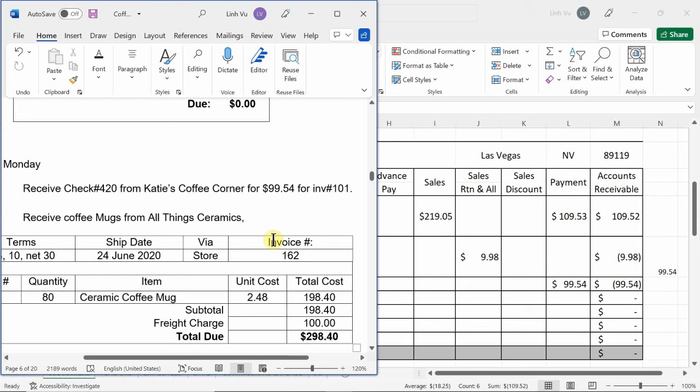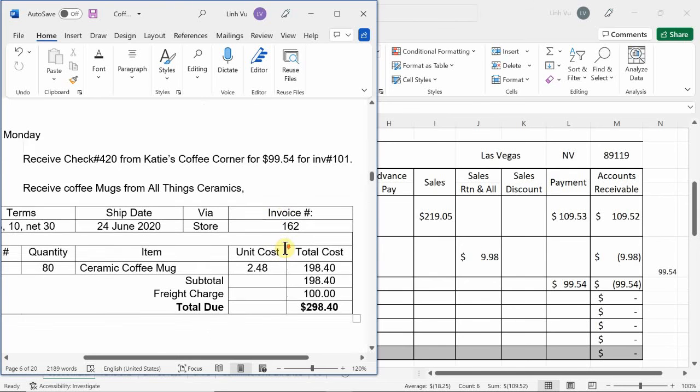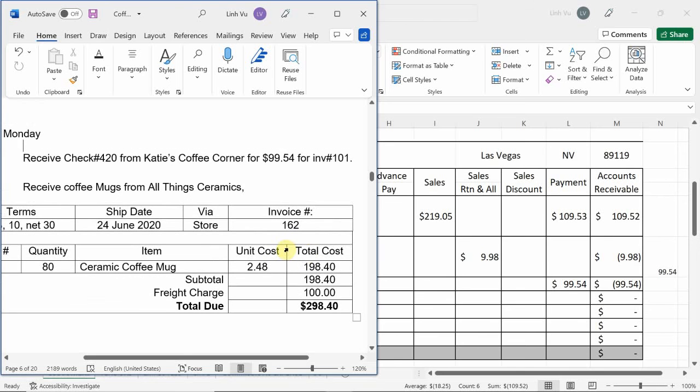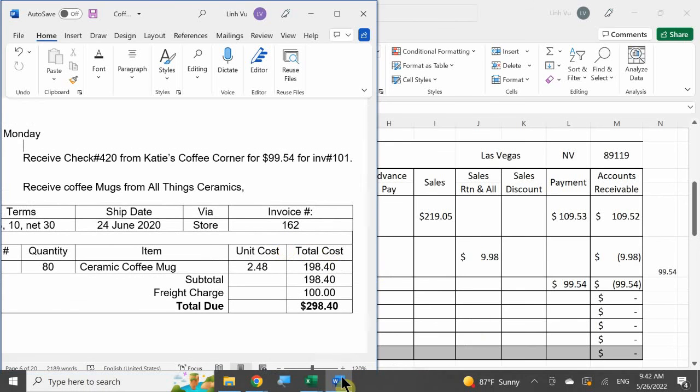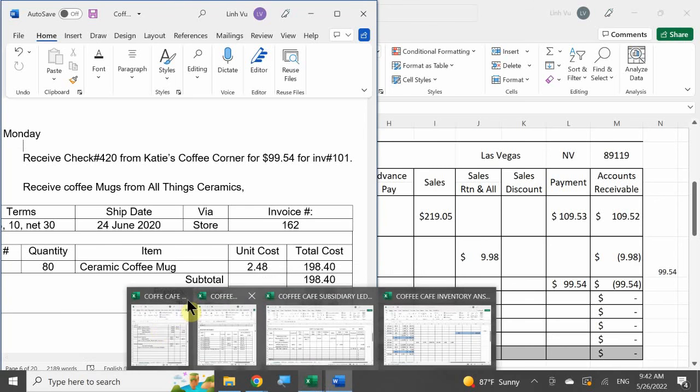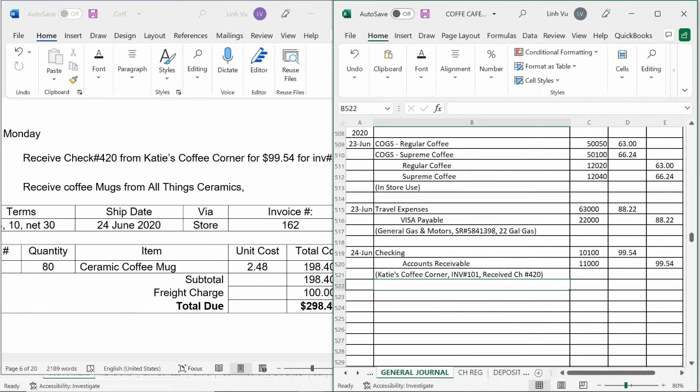Then let's see what happened here. We end up receiving our coffee mugs from All Things Ceramics. We received our periodic inventory. Now let's just do this for practice, so we don't ever forget.